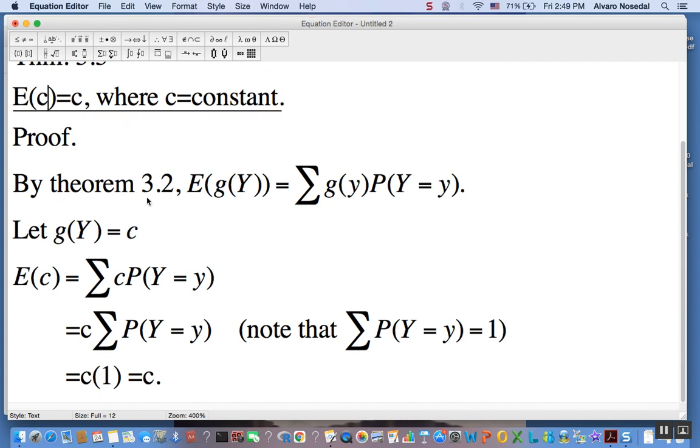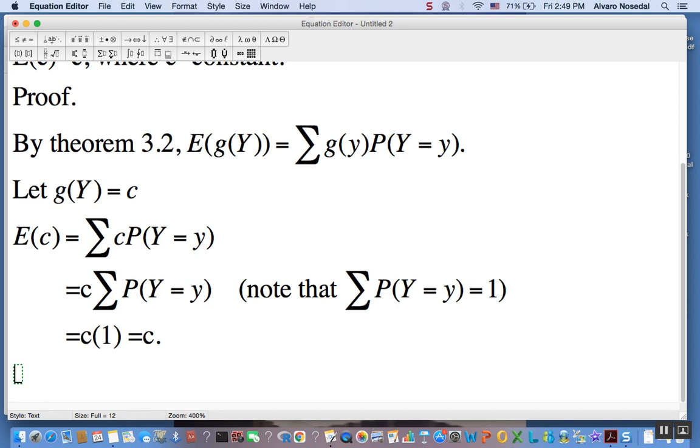The proof is just an application of theorem 3.2. g of y, in this case, is a very simple transformation. We're sending all possible values of the random variable y to a single point, a constant, right? That's it. And we just used one of the properties of probability distributions. Okay, good. First theorem done. First result.